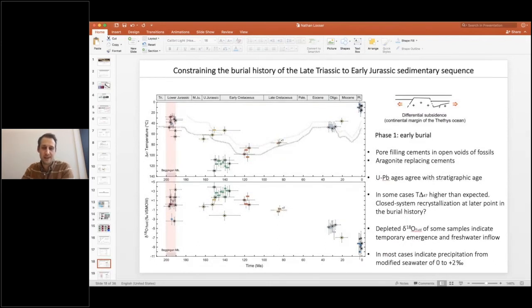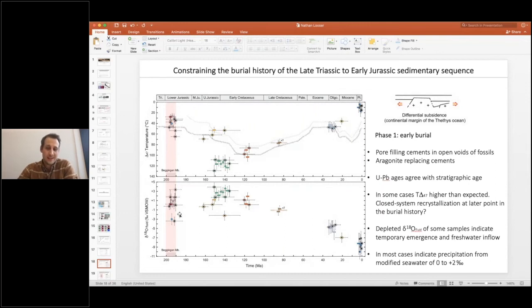The first phase that we see is early burial, and this phase is constrained by pore-filling cements in open voids of fossils, for example ammonites, but also in brachiopods, and aragonite replacing calcite cements. So all diagenetic phases that we know take place very early in early burial.